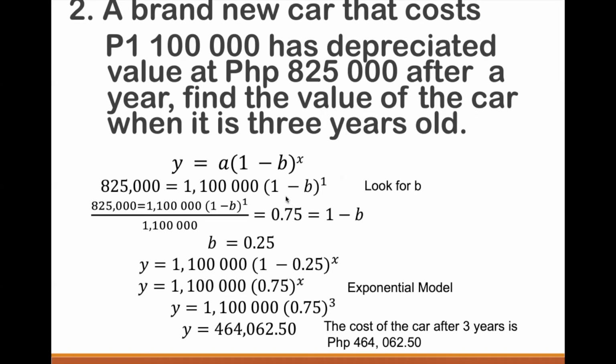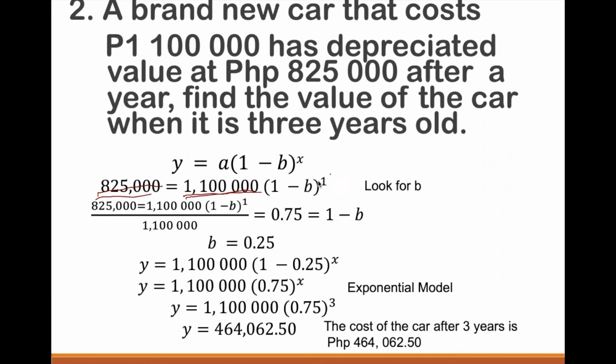Okay, so as you can see, we have the depreciated value, the original cost of the car, and then we don't know the rate.